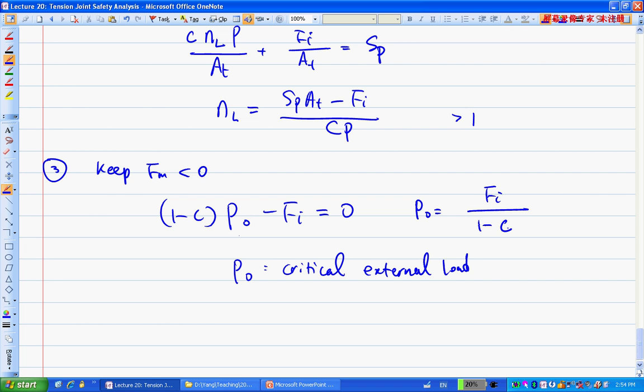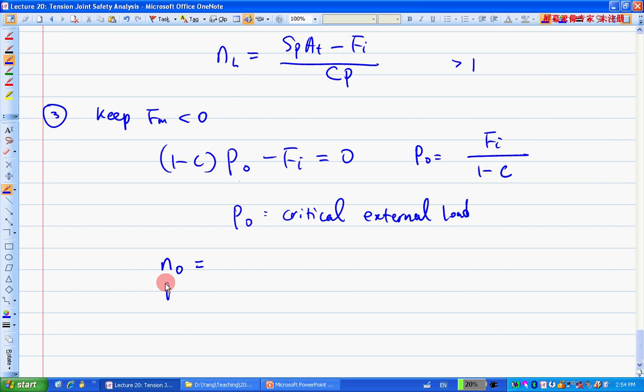That's P naught. Then the safety factor N naught is what we define as the safety factor guarding against separation. Okay, this is the safety factor against separation.